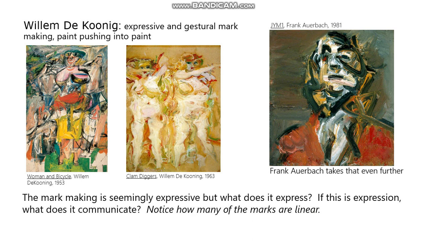Does it communicate different things in different ways? Like comparing the two different de Koonings, is the difference in what they communicate just because the palette's different, or is there also something about the mark making system slightly different that gives the painting Clam Diggers a slower and maybe more languorous feel to it, and a softer and less aggressive feel?